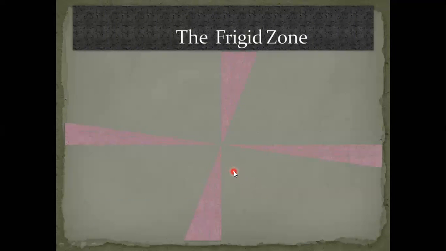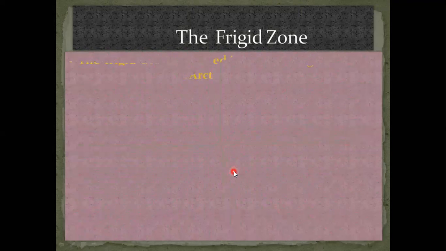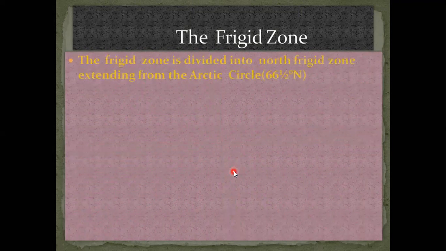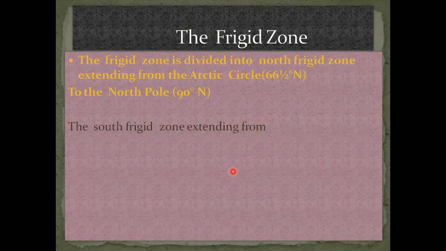Third one, the frigid zone. What do you mean by frigid zone? The frigid zone is divided into the North Frigid Zone, which extends from the Arctic Circle, 66.5 north, to the North Pole, 90 degrees north. Another one is the South Frigid Zone.